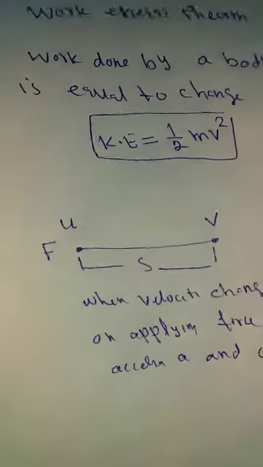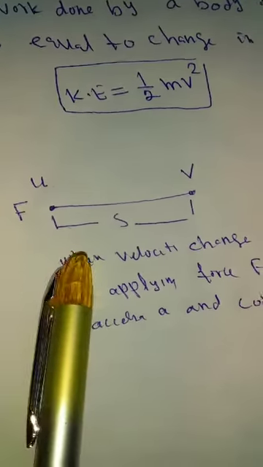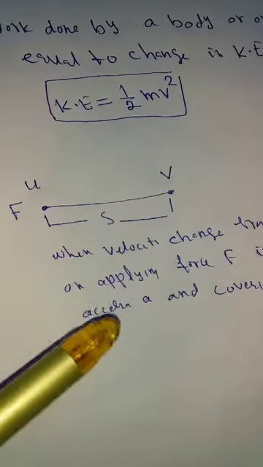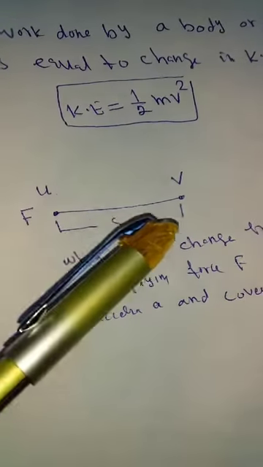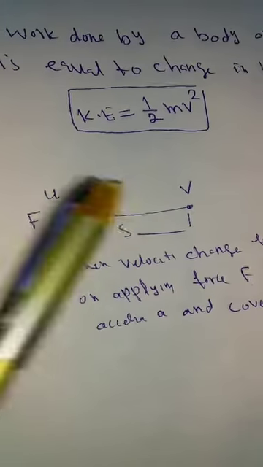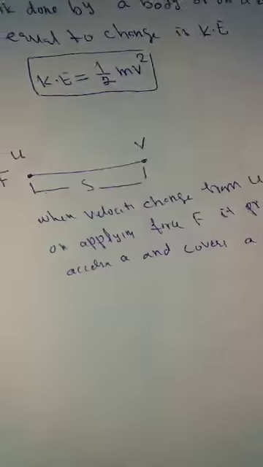That means the body initially has a velocity u. We apply a force along the same direction, its velocity changes from u to v, and it covers a distance s. The acceleration produced is a.